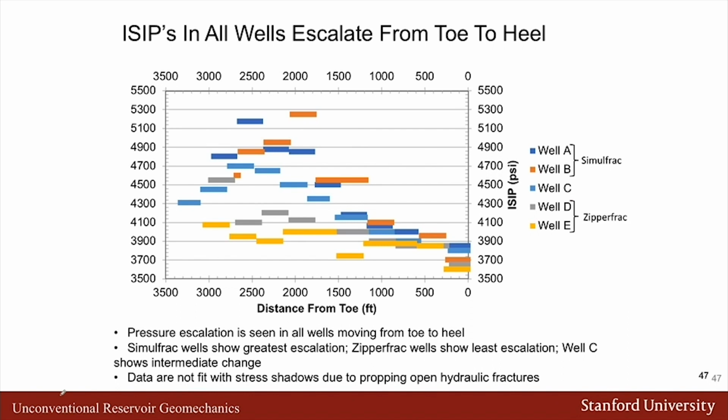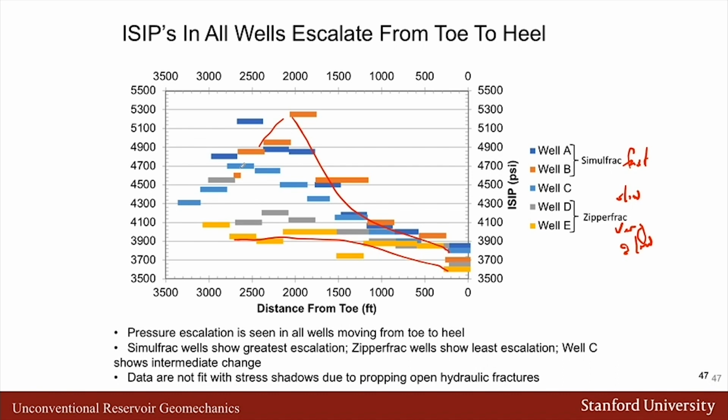When we put all the data together, what we see is that the simul-frac, remember this is fast, this is slow, and this is very slow. When it's very slow, this buildup is very small. When it's very fast, the buildup is very fast. And so something's going on here that is rate dependent, okay?